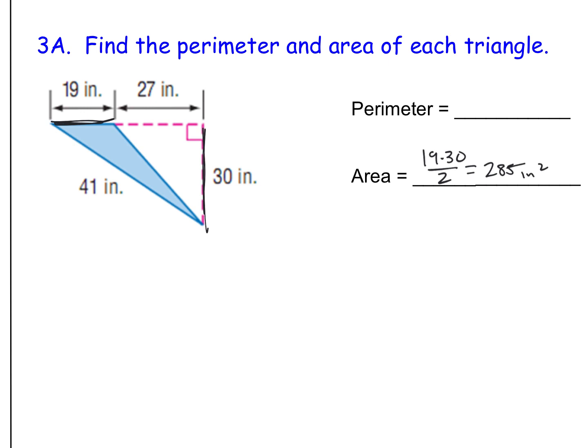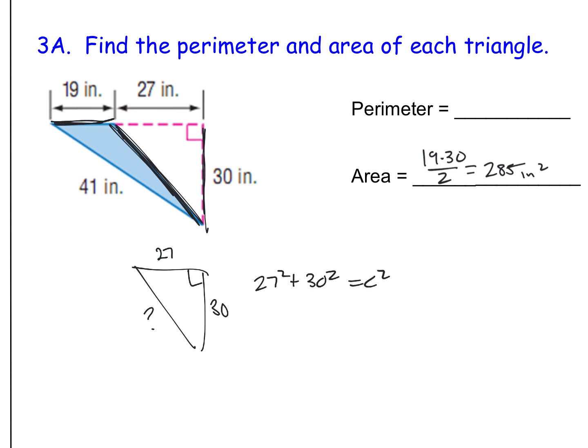So now to figure out perimeter, I need to figure out this length right here. Again, I've got a right triangle. I've got 2 of the sides, so I figure out the third. So I'll take 27 squared plus 30 squared equals c squared, and that's going to equal 1629.